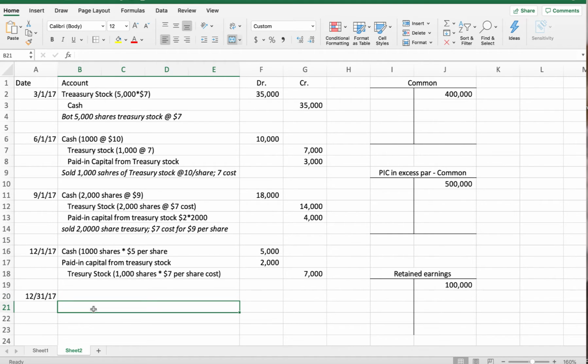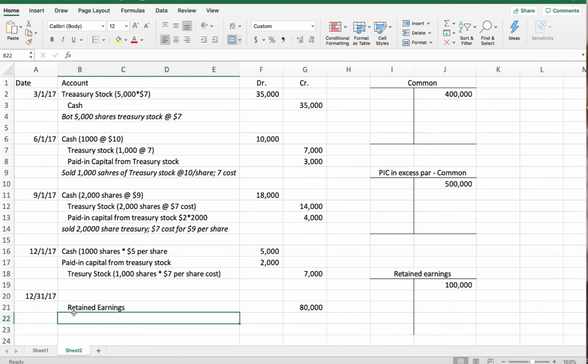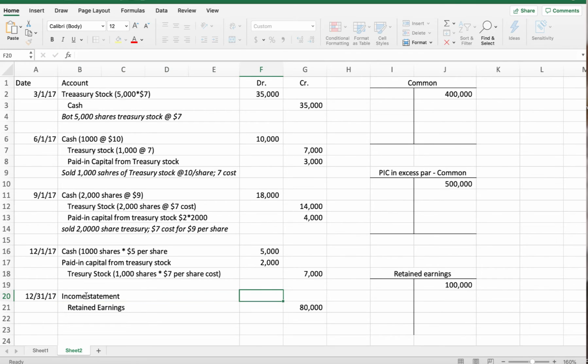So I need to credit retained earnings for $80,000. That must mean that my debit is to the income statement for the same amount, $80,000.